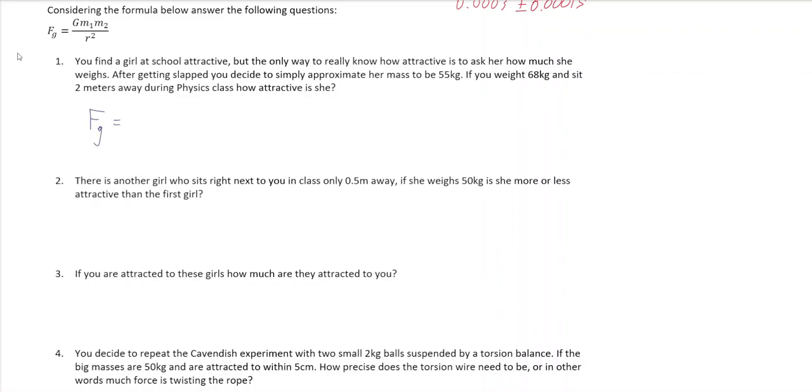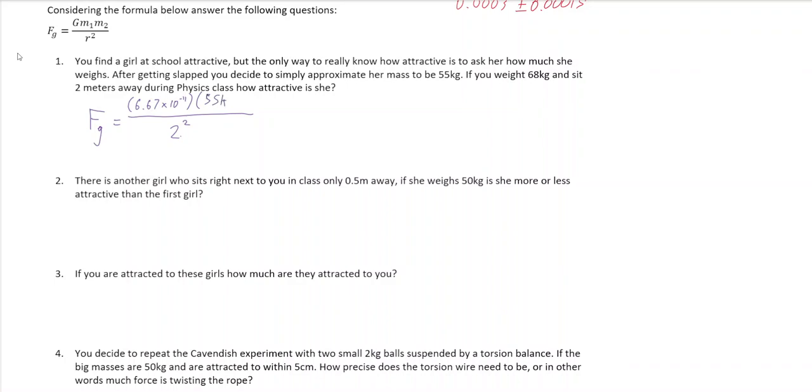We're looking for the force of gravity between you and this girl. So basically, we're just going to put in all of the different values. So 6.67 times 10 to the negative 11. Then we're going to put in, it was 2 meters away. And we're going to put in the masses, which are 55 kilograms.